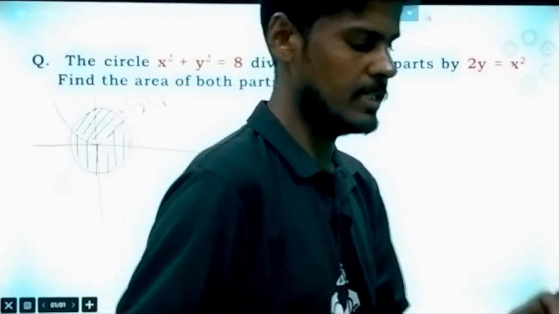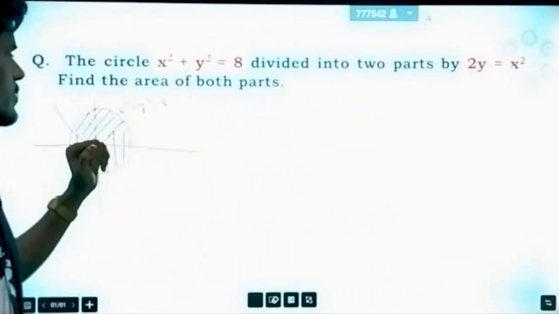Some people couldn't see what is written here, so I will solve this question again.